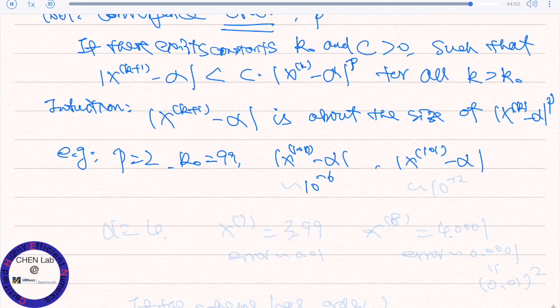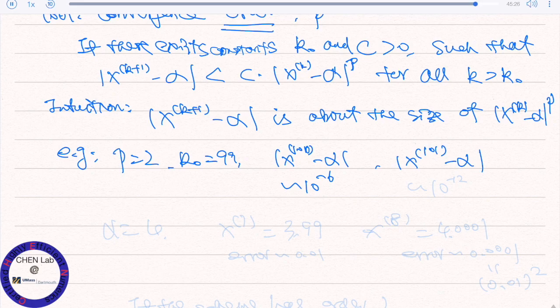My next one is roughly of the size, and when we talk about size, it can be 9 times that, or at that level. So if the scheme happens to have order 2, p is 2, and x_{k+1} minus alpha is about the size of x_k minus alpha to the p-th power, the next iterate's error is about the current error squared.